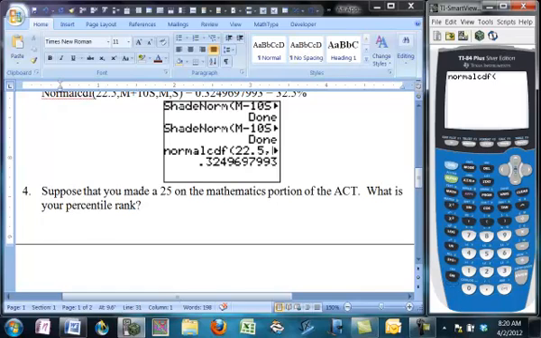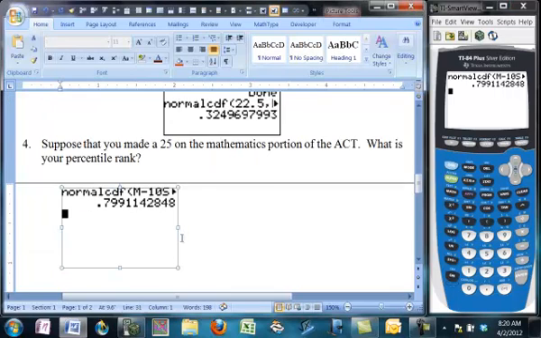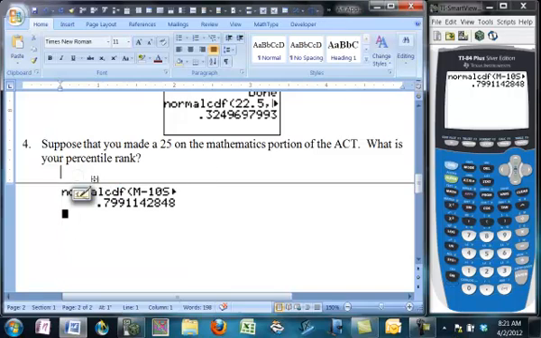Okay, so we would go from negative infinity, which we're going to approximate by M minus 10S, and we're going to go from there up to 25. Let's just go ahead and put 25 here this time, and then give it M and S. Okay, and that gives us our percentile rank, which is basically at the 80th percentile.